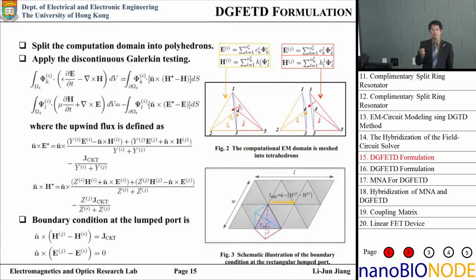Then when we have the circuit, the boundary between the EM part and the circuit will have the circuit current that causes the jump of the field. So this part will actually get into the boundary condition of the EM.